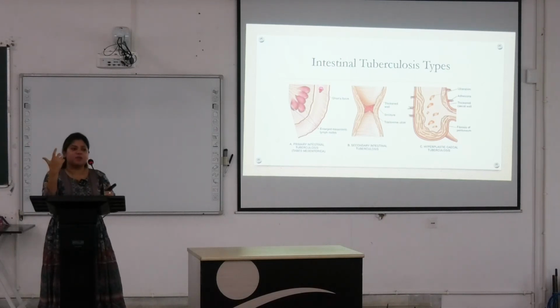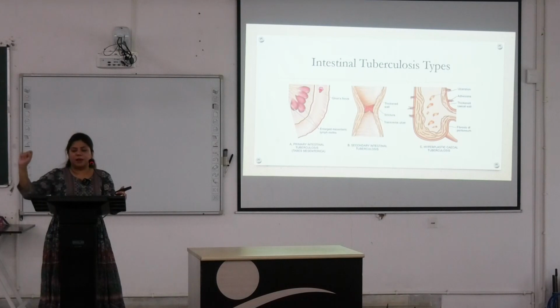I have seen a case when I was a PGT, where there were multiple small tumors throughout the intestine. That was a case of hemicolectomy. A large intestine was entirely cut off and it was sent to the pathology department. And there were multiple of these tumors. Me and the senior, we thought they may be some kind of polyp or some kind of carcinoma.